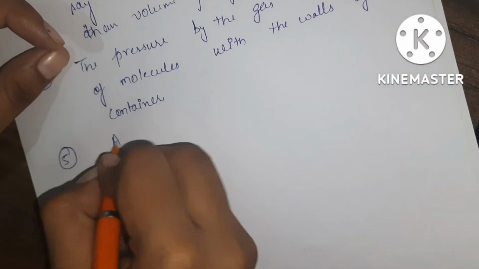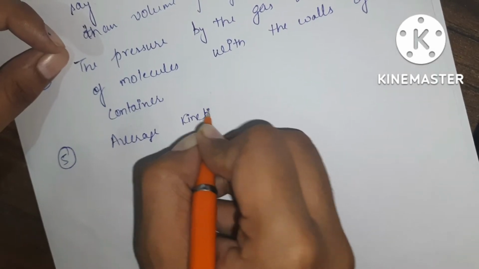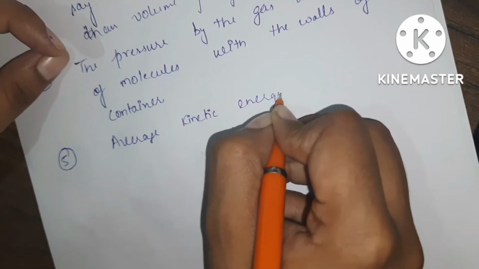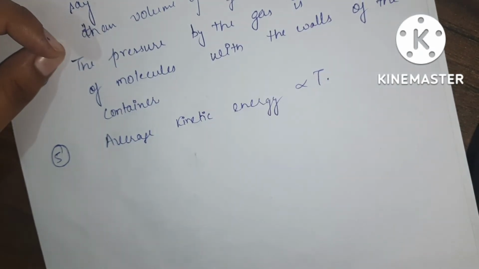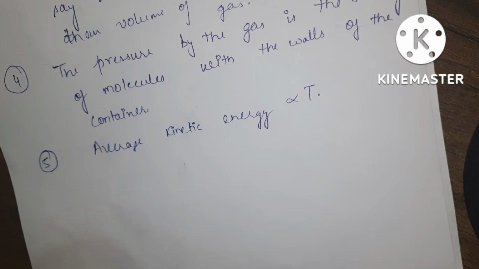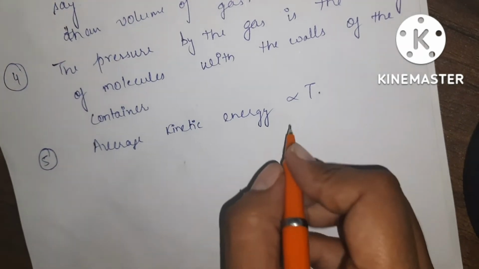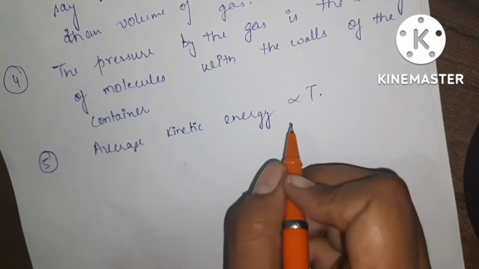Fifth, the average kinetic energy of the gas is directly proportional to temperature. Means if we increase the temperature, the gas molecules gain kinetic energy, and if the kinetic energy is high, then the average kinetic energy is also high.